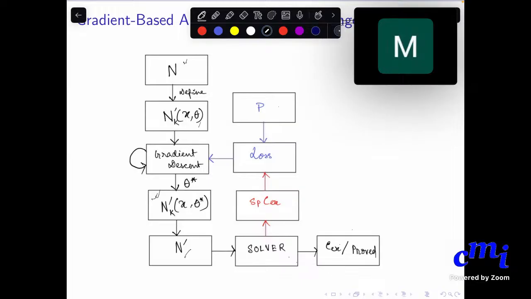I'm saying the counter example or proof is the output of the solver, and when the solver gives a spurious counter example, I will add it to the set of all the inputs which were used to come up with this. The further refinement process is not here. I will explain this more as I go forward. Maybe that will make more sense.